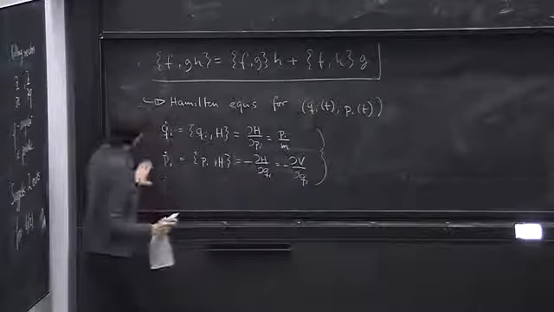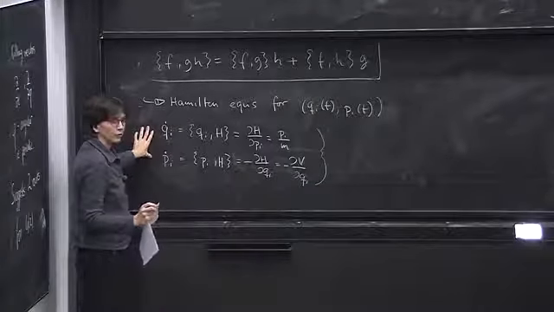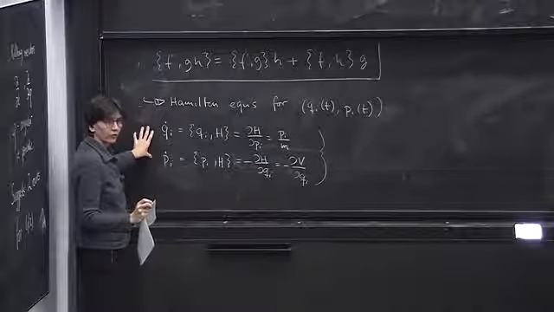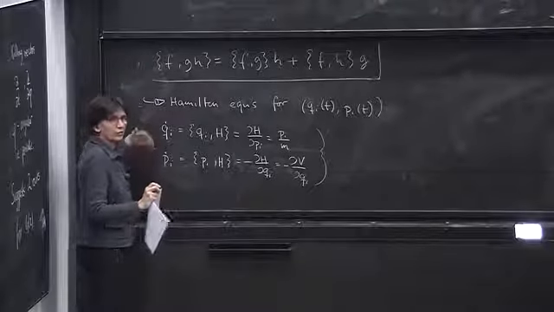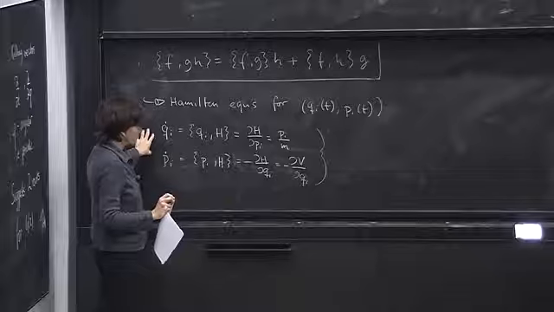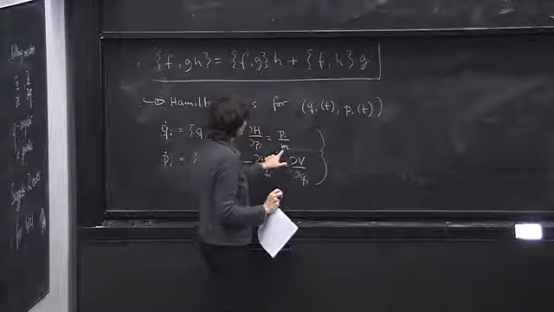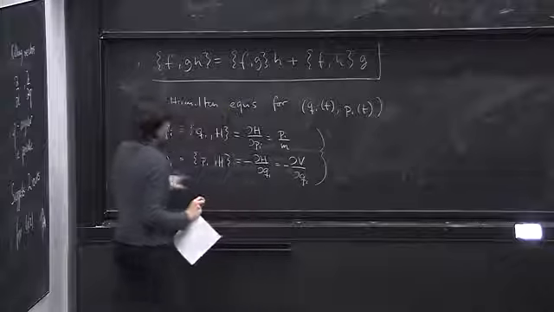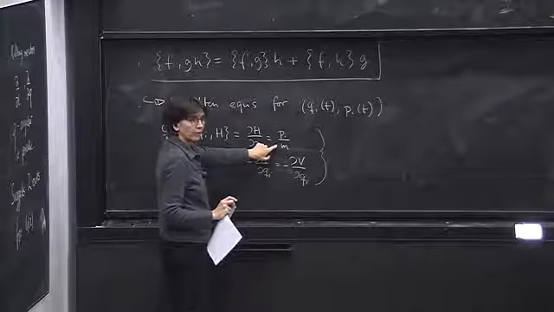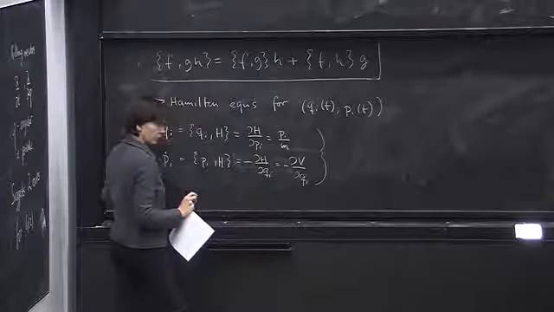So this is a set of 2n first order equations, and that's, of course, the essence of what the Hamiltonian equations of motion are. If I now substitute one in the other, because here I get a Pi on the right-hand side, and here I get a Pi dot, right?